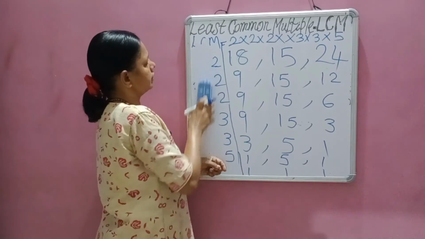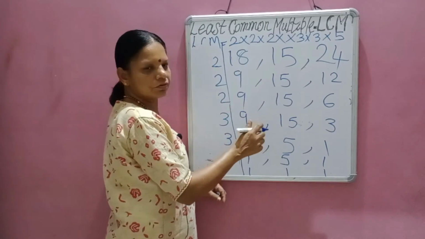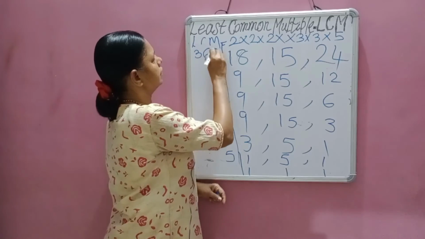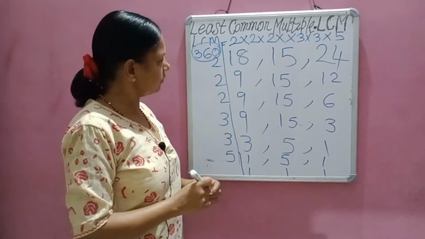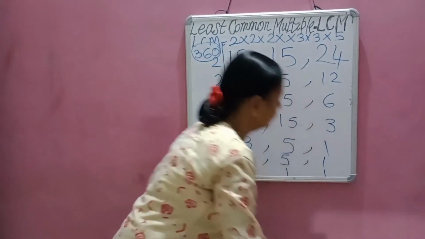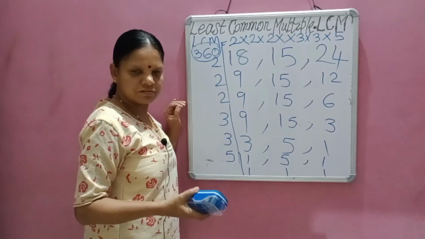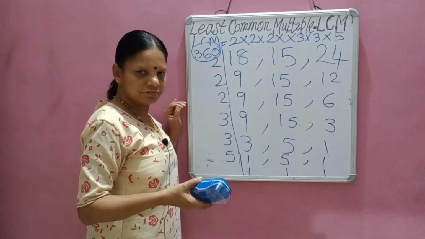So what is the LCM of these numbers, 18, 15 and 24? 360. This is easy. Go on dividing by the prime numbers. Clear? Understood the meaning of LCM and the method of finding LCM?